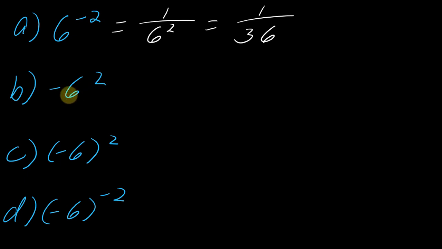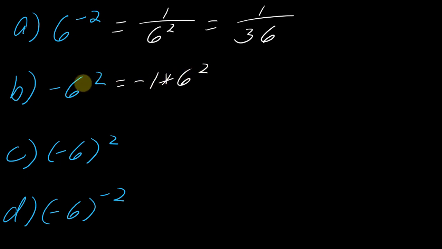In this case, the way that we view this, that we've talked about in some other videos, is that from the order of operations standpoint, I view this as two separate operations. Since there's no parentheses around this, the negative kind of comes last. And so I really think of this as negative 1 times 6 squared. If you think about PEMDAS order of operations, I have to do the exponent first.